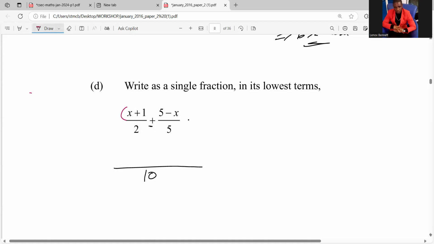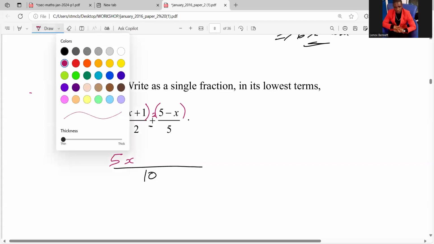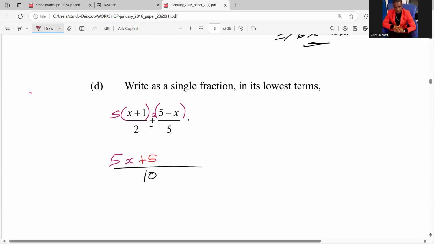So we're going to times this by 5. Similarly, 5 into 10 goes 2 times, so we multiply by 2. So 5 times x, that's 5x. And of course 5 times 1 will give us positive 5. 2 times 5, that's positive 10.